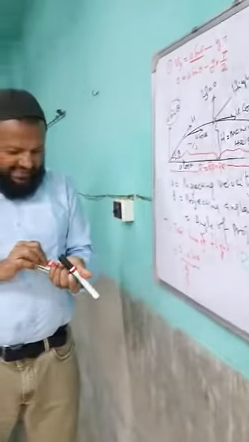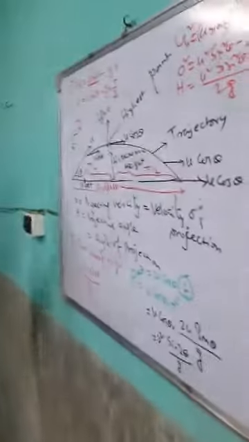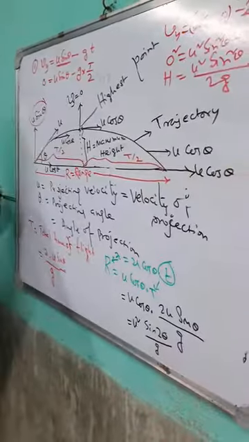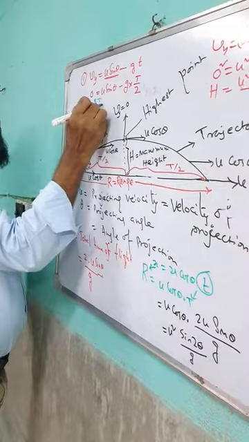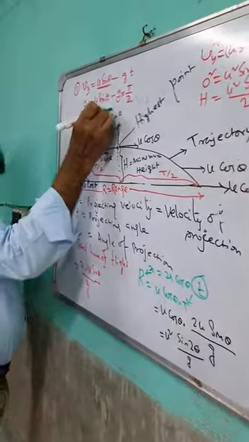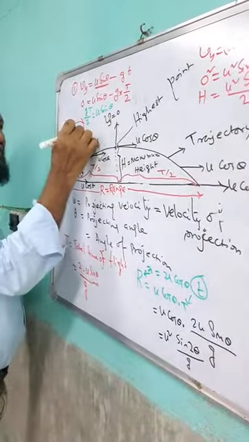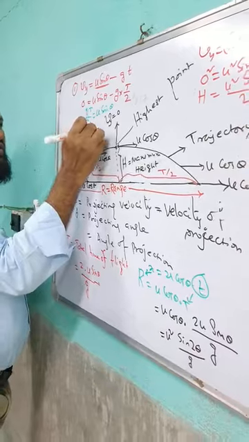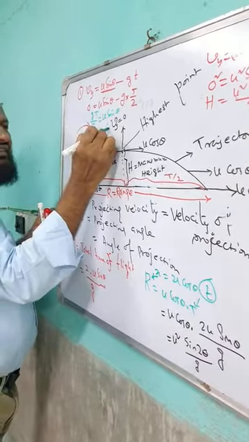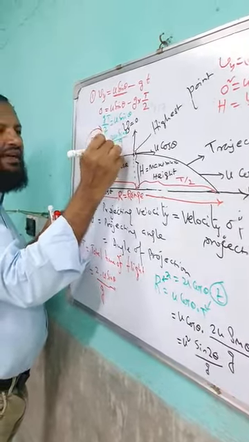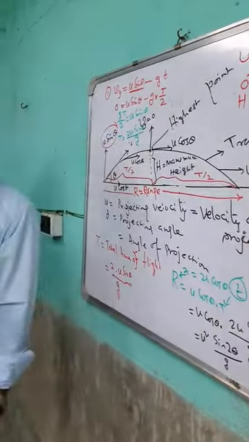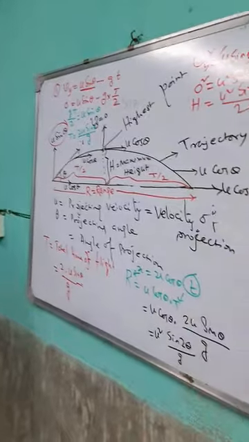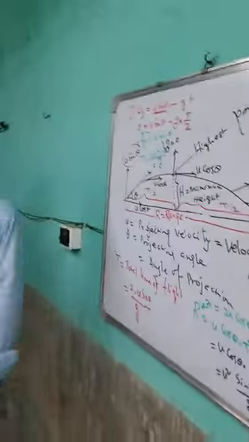Now take this side: this is gT by 2, and this is u sin theta. Now, what is T? T equals 2u sin theta divided by g. Please write down: T equal to 2u sin theta by g.